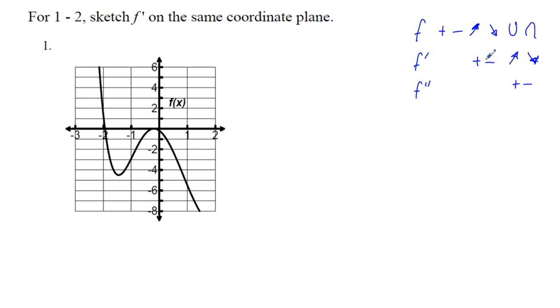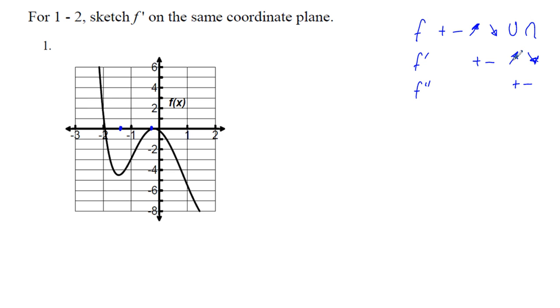So we're going to go from minus to plus. I'm going to put a dot right here on the number line at about x equals negative 1.3. Next, up here at x equals about negative 0.3, f is changing from increasing to decreasing, so we put plus and minus.